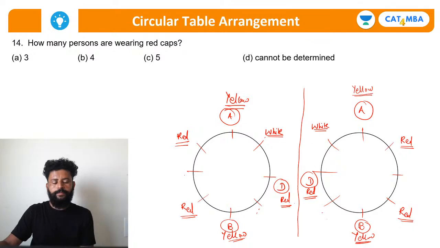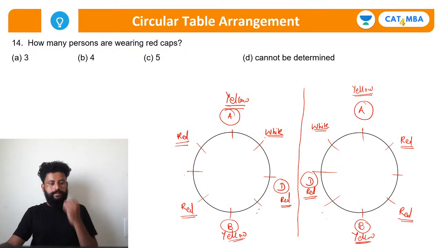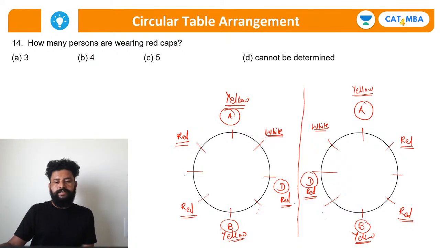Now we are almost done with the colors. The remaining colors will definitely yellow, because red तो साथ में आ नहीं सकते, white हमें मिल चुका है. So this must be yellow cap, this must be yellow cap. Now you'll simply need to cross check how many yellow caps. 1 2 3 4 red caps 3.